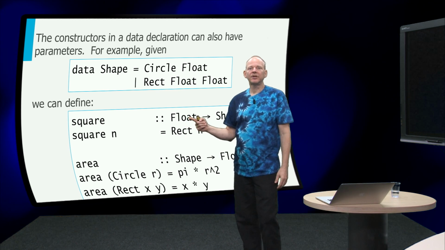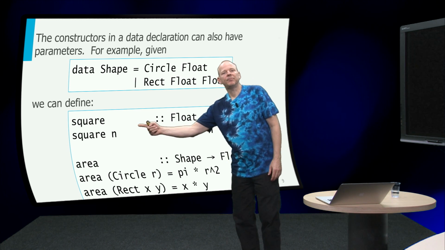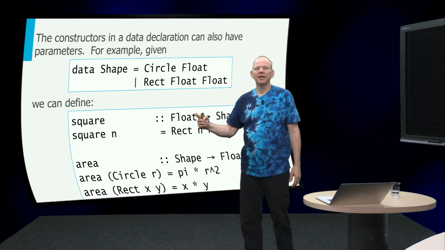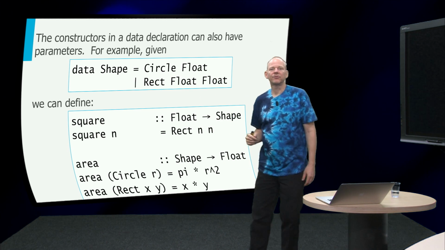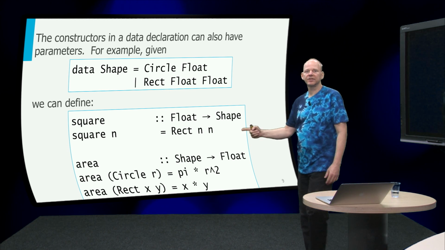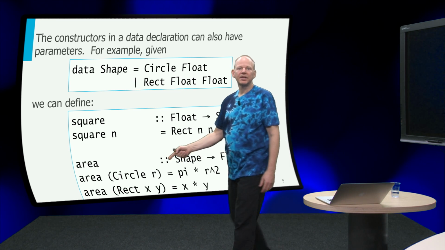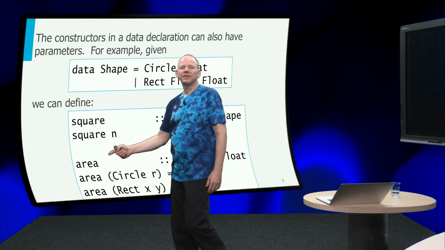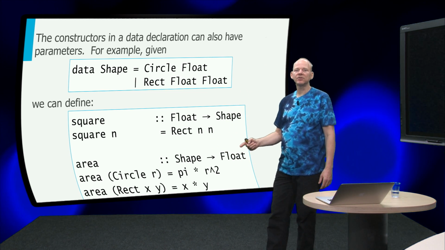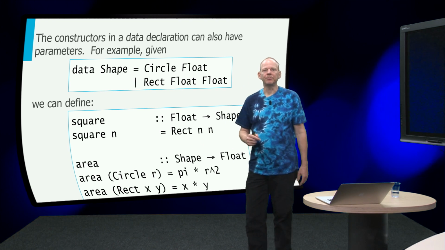Now we can use this constructor to create a particular shape, a square. So we take a value for the first coordinate there, and we create a shape by just duplicating that value here. And we can compute the area of a shape, and that will return a float. And so here you see that area is defined on Shape.